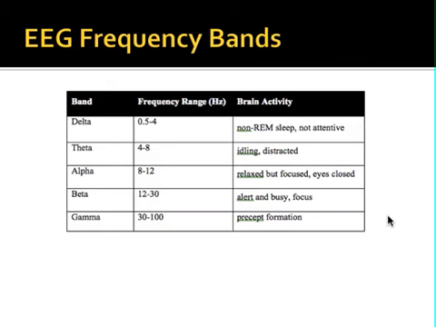And then finally, gamma. For many years people ignored gamma because clinically it doesn't really yield a lot of information. It's higher frequency. It can't be really visibly discerned by the technician or the clinician who's looking at just raw EEG data. But there's been renewed interest in gamma.